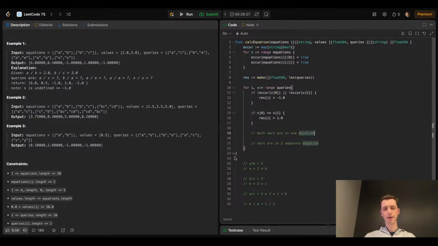Like this B by 2A, there's B by A. We know the result for that equation. If they are both in one, let's try to solve that.